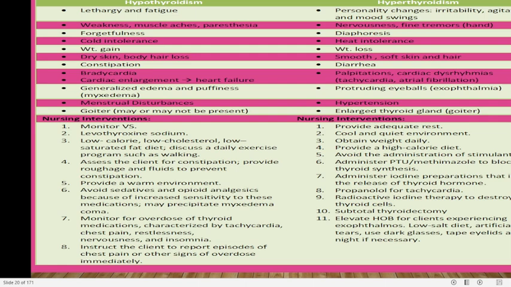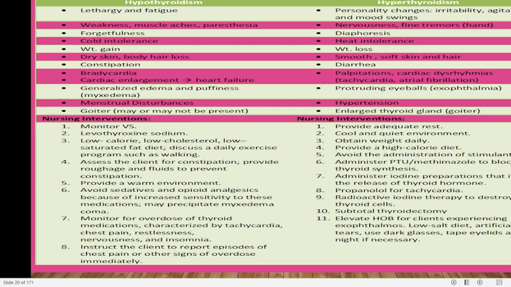Number 6, you are supposed to administer propylthiouracil (PTU), methimazole, and carbimazole to block synthesis of thyroid hormones.